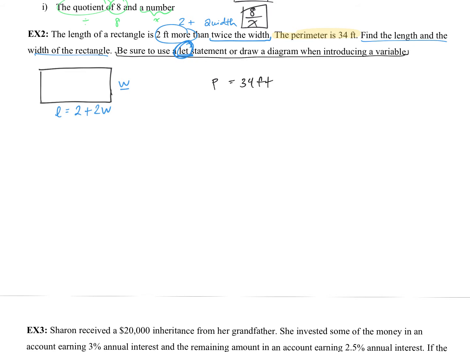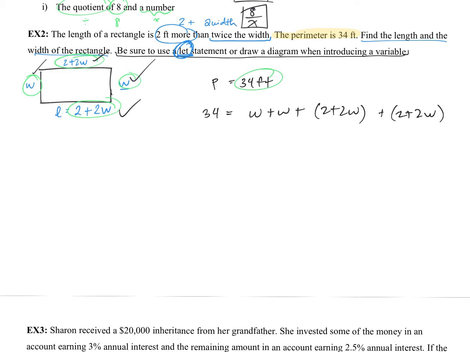Let's go ahead and label all the sides. So that's 2 plus 2w, and that's also w. So I'm going to go ahead and add these all up, and I know from the word problem that all these values should end up equaling 34. So I'll go ahead and write that out. 34 should equal this side plus this side plus this side plus the last side.